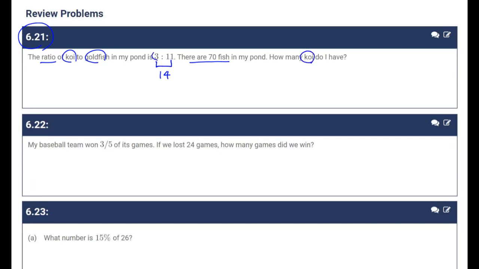Well, koi is 3, and 3 out of 14, which is the total number, not the actual number, but it gives you the fraction for koi out of the total, right? If you multiply that fraction by 70, which is the total actual number, then this will reduce, and 14 goes into 70 5 times. 3 times 5 will be 15, and that's the answer for 21.